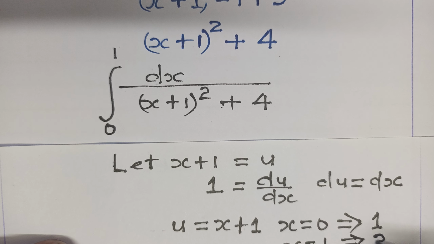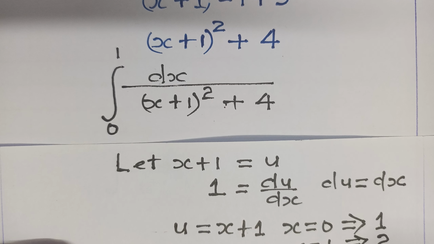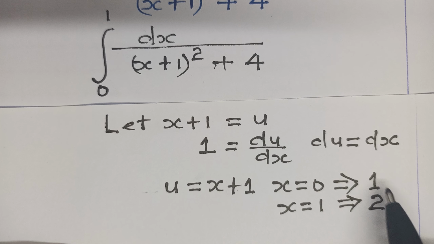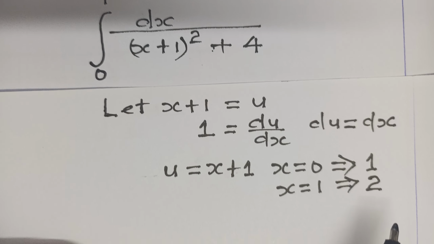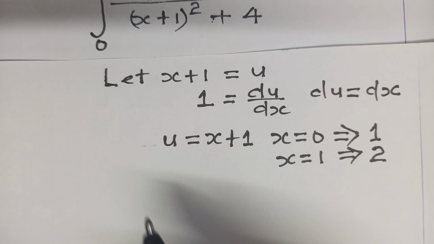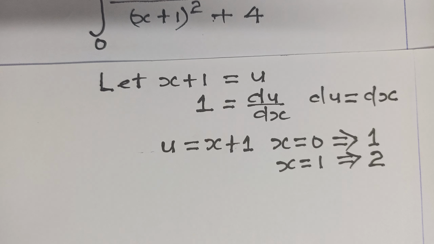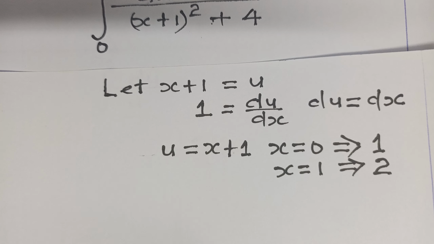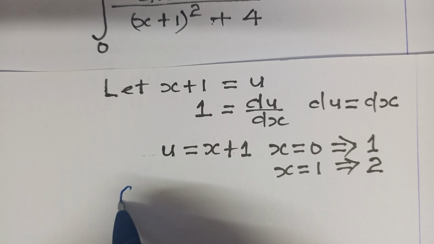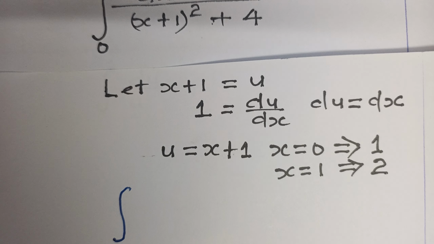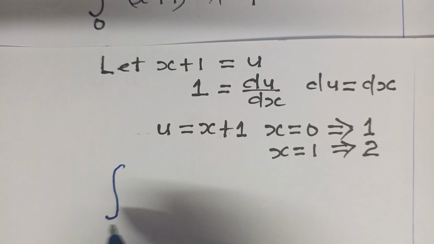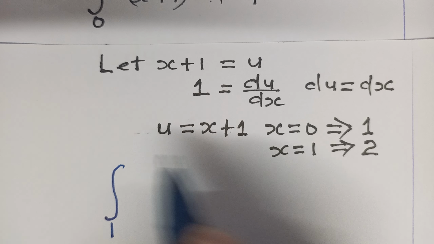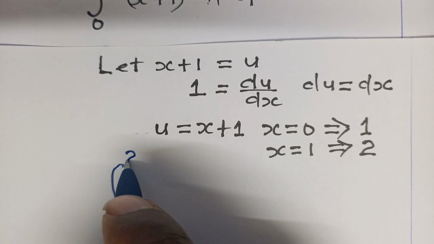And so for our integral, where we are going to integrate with respect to u, our limits are going to be 1 and 2. And this is how I write it. I have the integral from 1 to 2, the upper limit is 2.